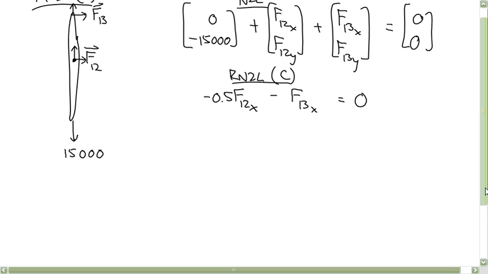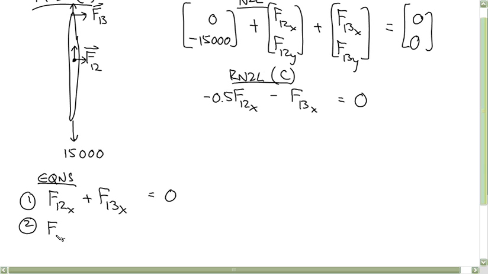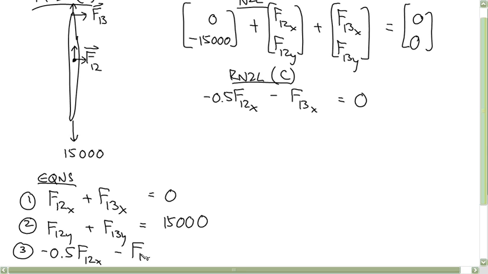And so we get our first 3 equations for our big final system of equations. F12x plus F13x is equal to 0. F12y plus F13y is equal to 15,000. And negative 0.5 F12x minus F13x is equal to 0.